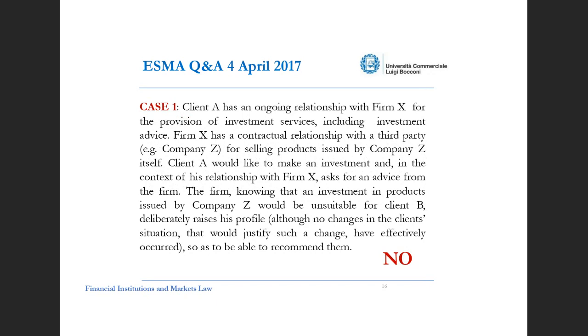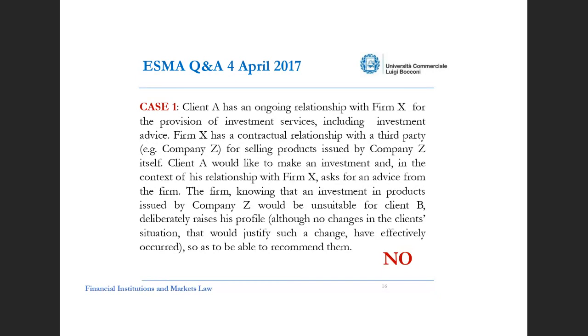The case is the following. Client A has an ongoing relationship with firm X for the provision of investment services, including investment advice. So we are in the context of suitability, investment advice. Firm X has an actual relationship with a third party, company Z, for selling products issued by company Z itself.